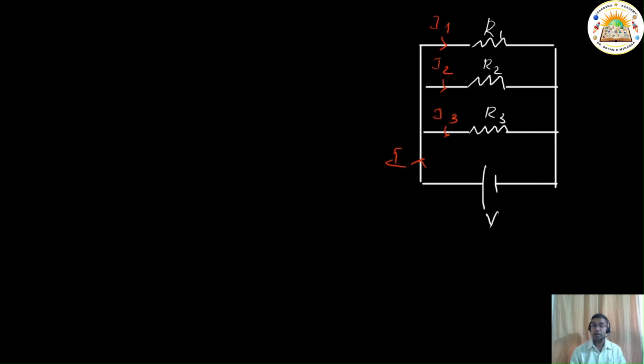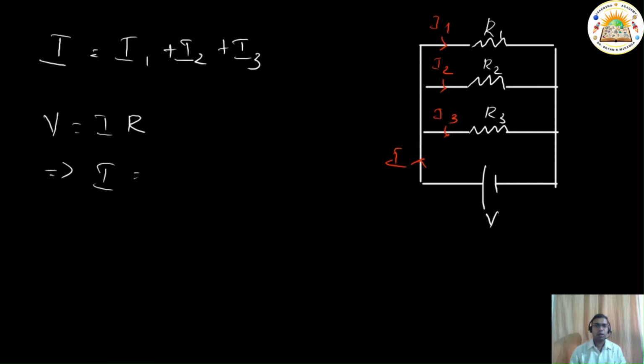So V remains the same, whereas I keeps on changing. So in this case, I will have the total current I is equal to I1 plus I2 plus I3, and V is equal to IR, therefore I is equal to V by R.